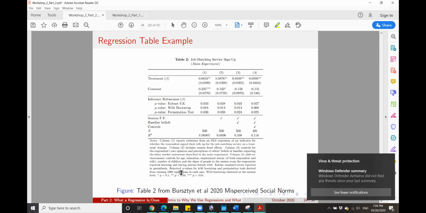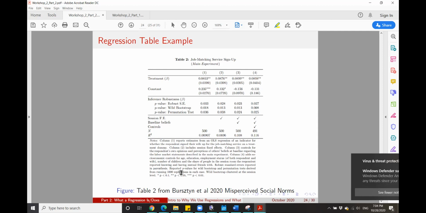Basically, this paper is on misperceived social norms. It's kind of experimental. They went to Saudi Arabia and asked people about their willingness or their belief in the appropriateness of women working outside the home. Then they asked them what they thought everyone else's belief about the appropriateness of this was.